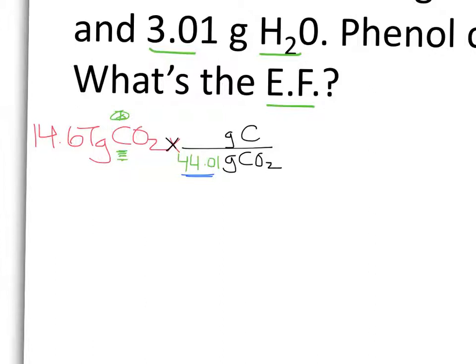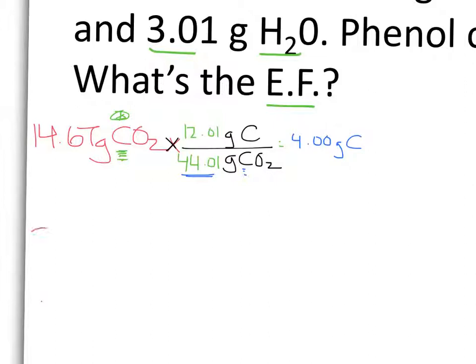I know the total mass, and I know that I need this one carbon. Well, that one carbon weighs how much? If you look at the periodic table, it is 12.01 grams. Okay? So of the 44.01, 12.01 of that is carbon. And once I run those numbers, it is going to give me exactly 4.00 grams of carbon. Okay, so that takes care of my carbon content.